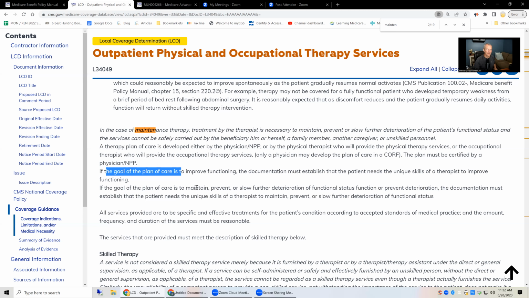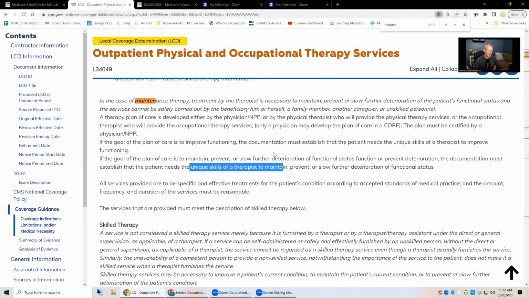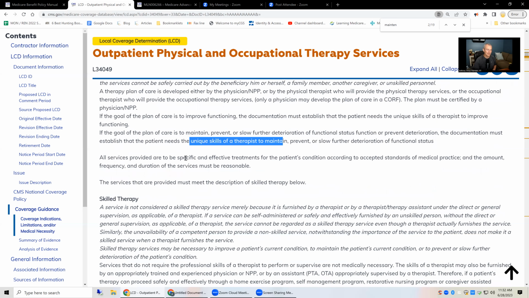If the goal of the plan of care is to maintain, prevent, or slow the deterioration of functional status, the documentation must establish that the patient needs the skills of a therapist to maintain, prevent, or slow further deterioration of functional status. All services provided are to be specific and effective treatment for the patient's condition according to accepted standards of medical practice, and the amount, frequency, and duration of services must be reasonable.